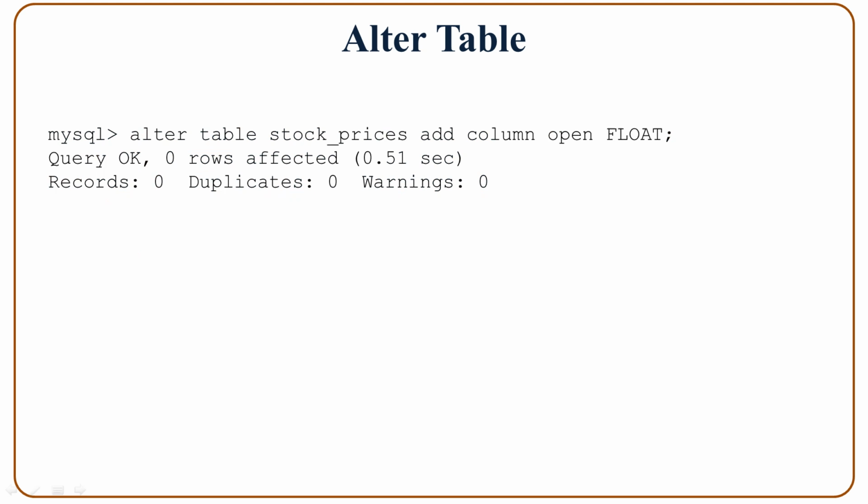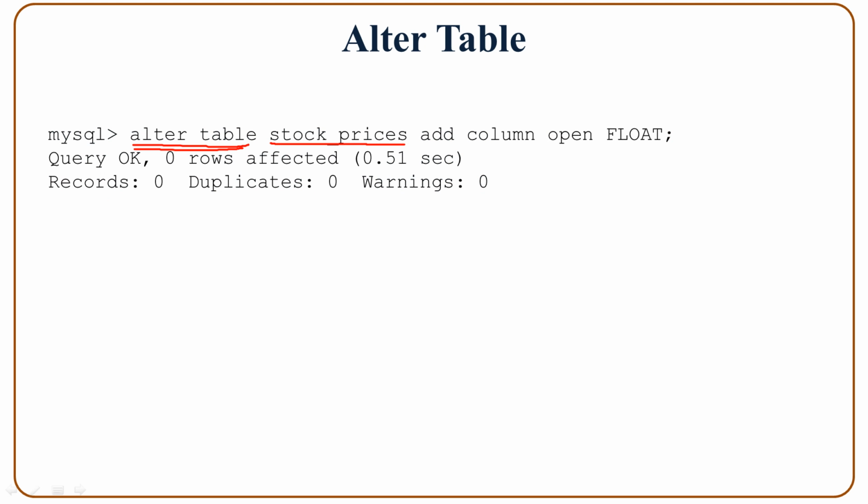Okay, now let's say after a while using the table, you need to add, to change, or even to drop some columns or some fields. Then you use this syntax, alter table, and then followed by the table name. So alter table, alter what?